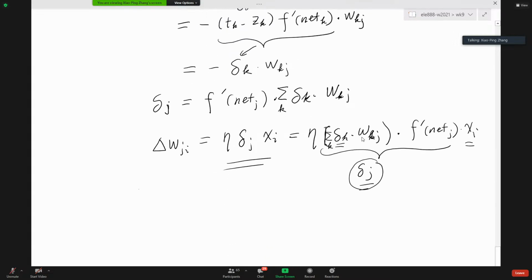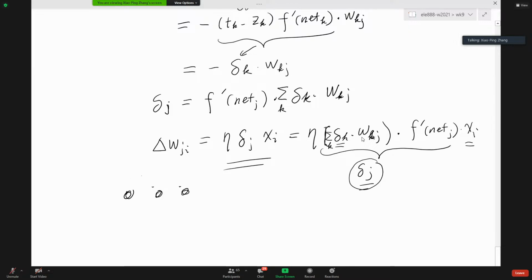So basically, assuming at a certain layer you have multiple deltas, let's say delta K1, delta K2. You have K nodes, right?